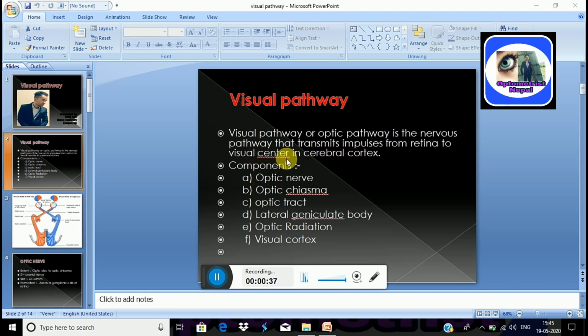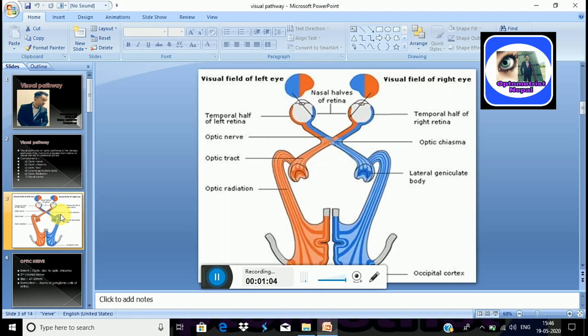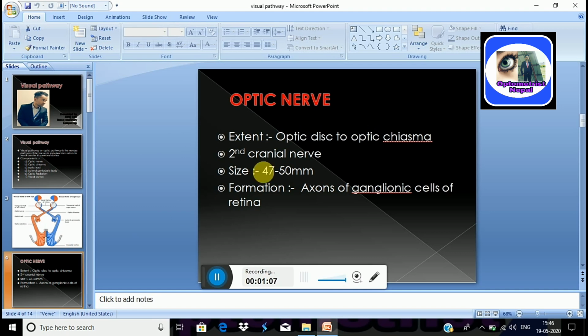The components of the visual pathway: first is the optic nerve, second is the optic chiasma, third is the optic tract, fourth is the lateral geniculate body, fifth is the optic radiation, sixth is the visual cortex.